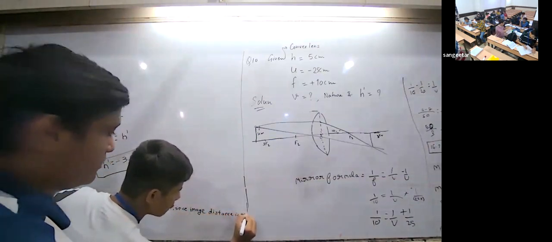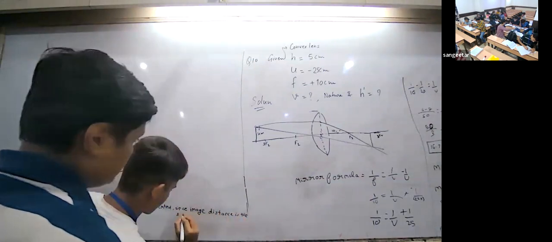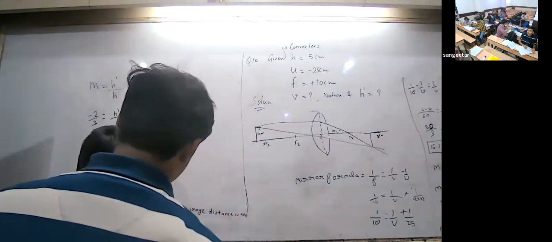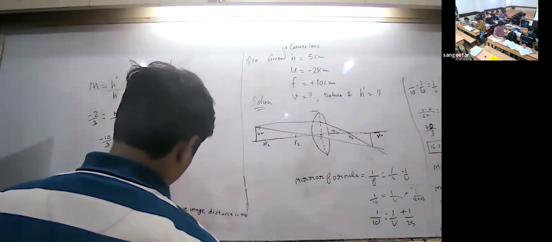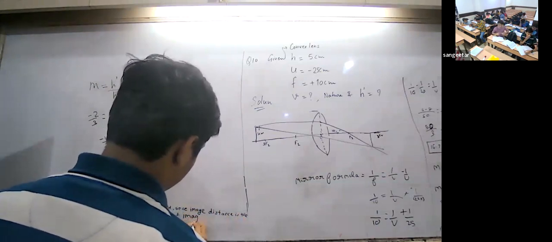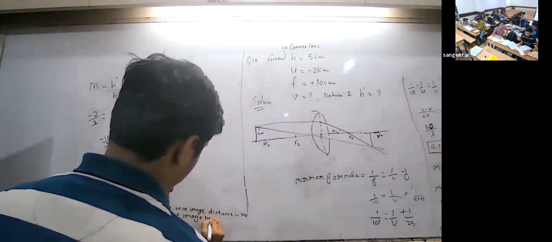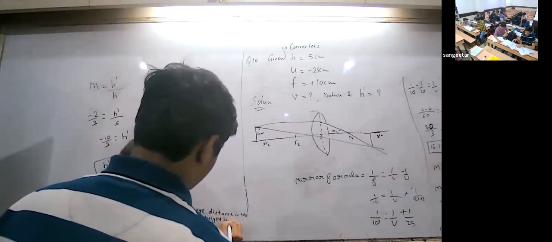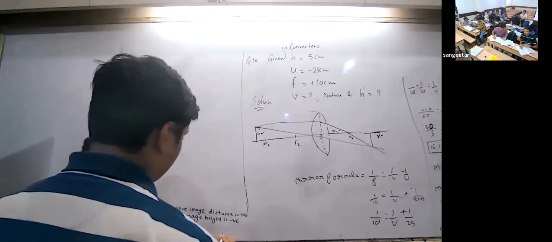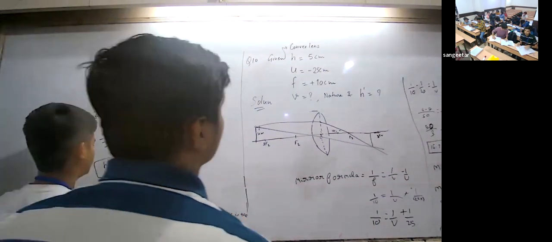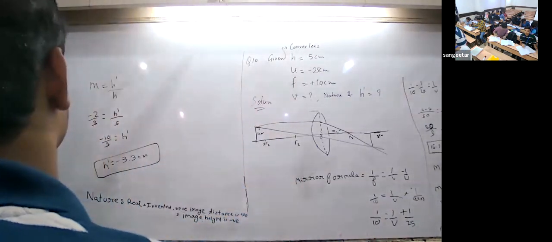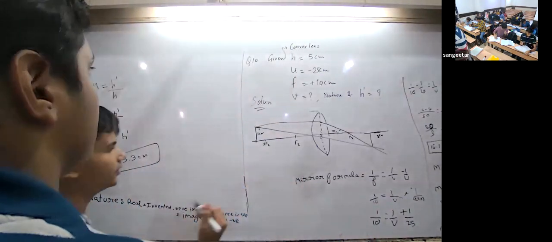Okay. So 5 3s are 15, 5 2s are 10. So this is equal to 3 by 50. So what is V? Now you take the reciprocal, therefore V is 50 by 3 centimeters. What is 50 by 3? You find it out. So V is coming positive.